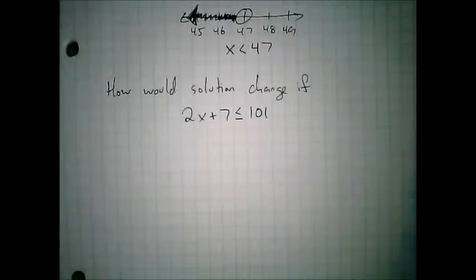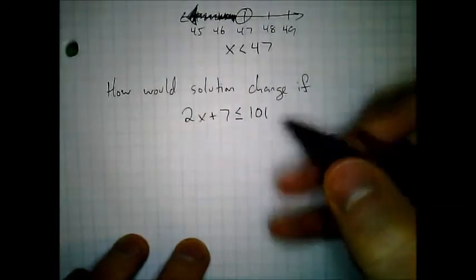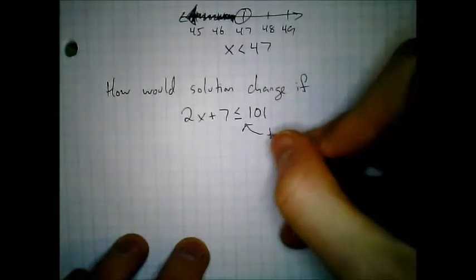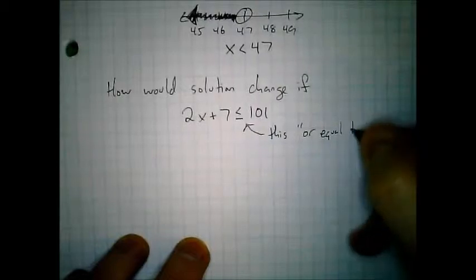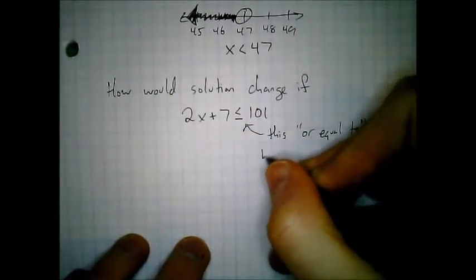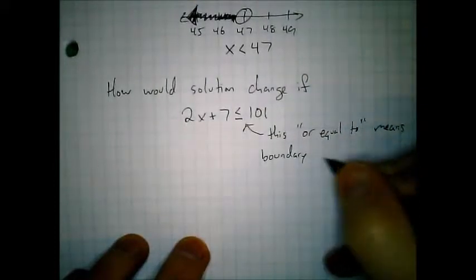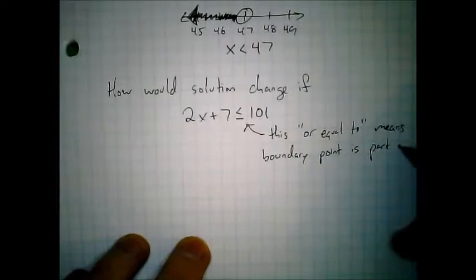Now, as we see here, everything in this problem is the same, except now we have this or equals to. So this or equals to means the boundary point is part of the solution.